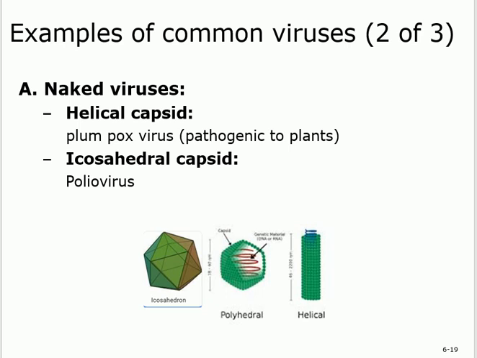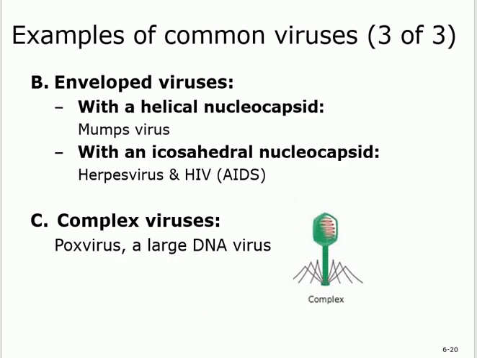Examples of naked viruses that have a helical capsid: plant viruses like tobacco mosaic virus, this is just for plants, but it looks like this. They have a helical capsid. Poliovirus is an example of a virus that's icosahedral capsid, no envelope. For the enveloped ones, the ones that have helical nucleocapsid are like mumps.